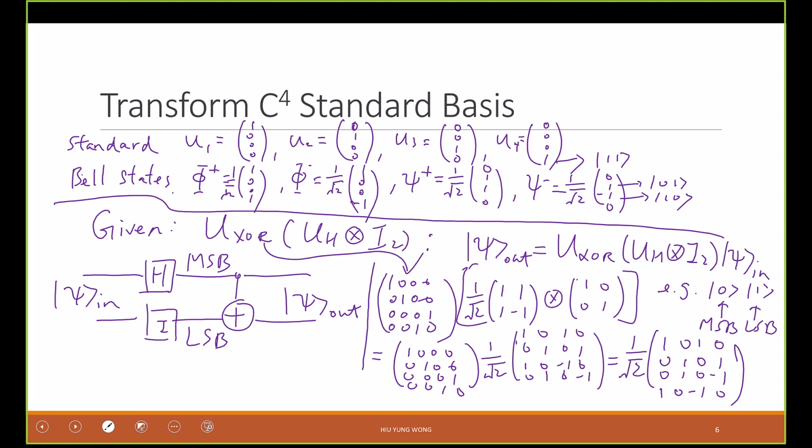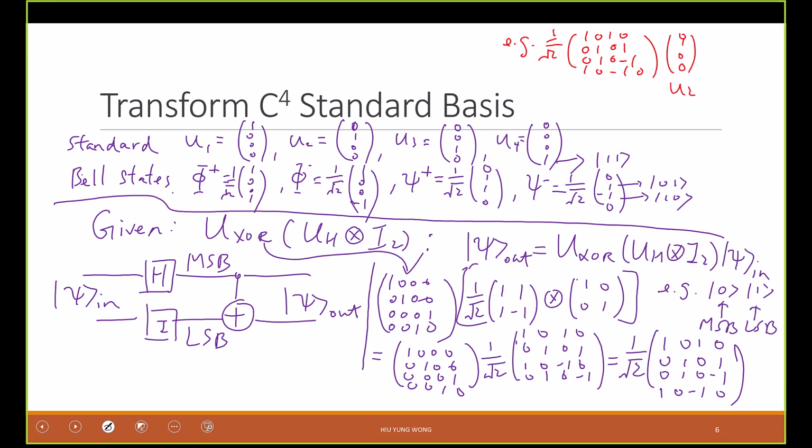Okay? So let's look at an example, right? Again, I run out of space. For example, what happens if I apply (1, 0, 1, 0, 0, 1, 0, 1, 0, 1, 0, negative 1, 1, 0, negative 1, 0) to U2, which is 0, 1, 0, 0?